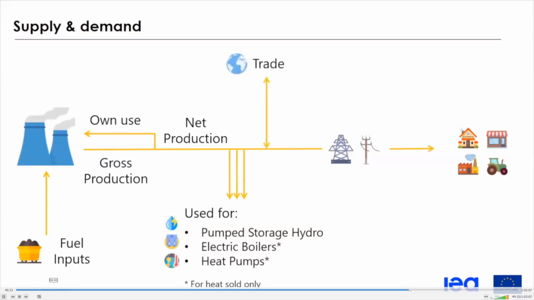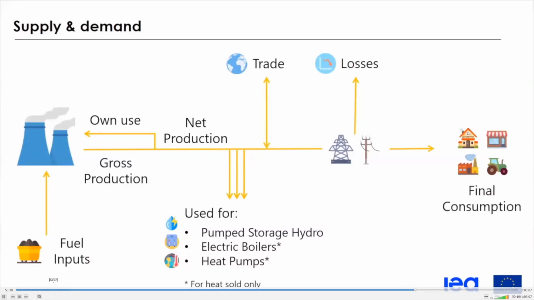Then we have the trade, so import and export of electricity. They are specific, with specific rules in the case of electricity. We will see them a little bit later. And also an important part, which is the losses in transmission and distribution of this electricity. This precise element can be high in case of old or badly maintained transmission and distribution systems, but also due to theft of electricity.